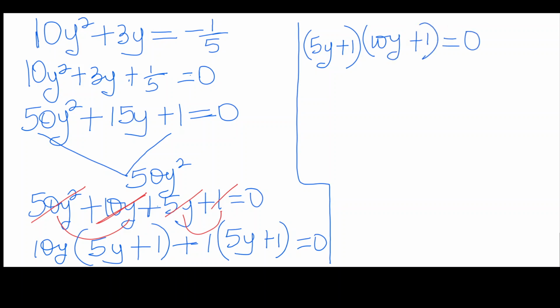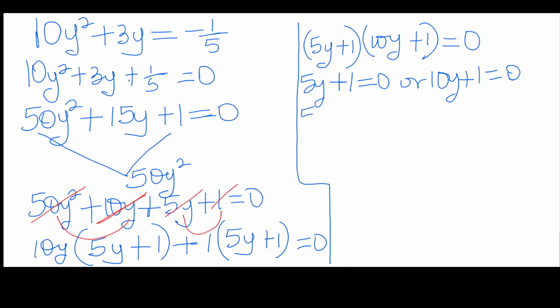Equals 0. So it's either I have the first expression in the bracket, which is 5y plus 1, so either 5y plus 1 equals 0, or the second expression in the bracket, which is 10y plus 1, equals 0.